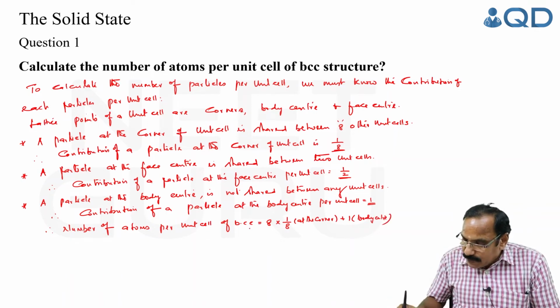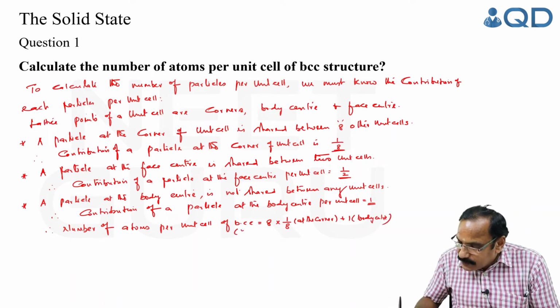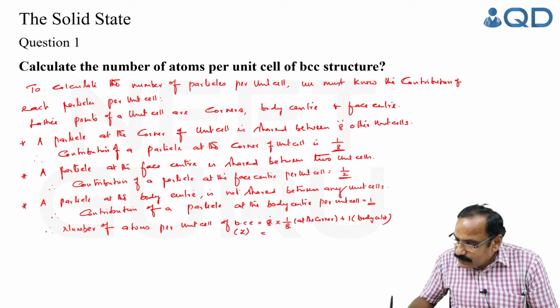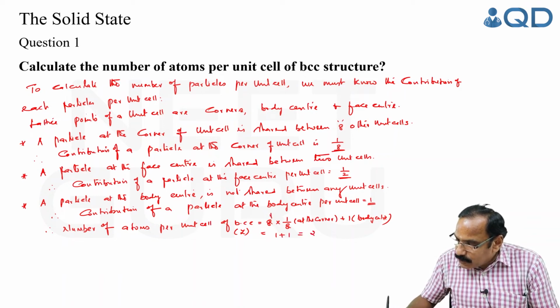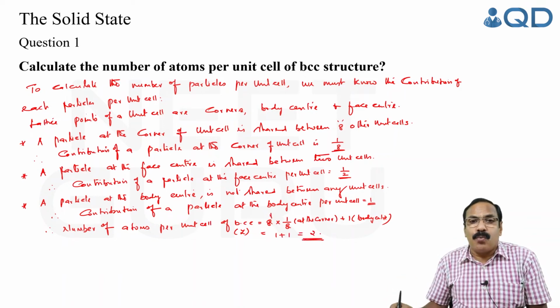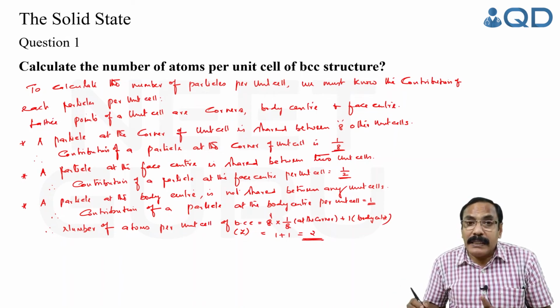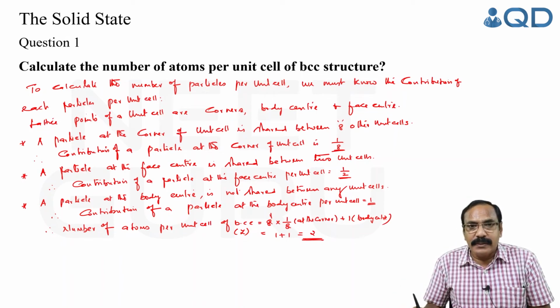So, the number of atoms per unit cell of BCC, represented by the symbol Z, is 1 plus 1. So, the number of particles per unit cell of BCC is 2. This is very, very important in the calculation of density of unit cells.